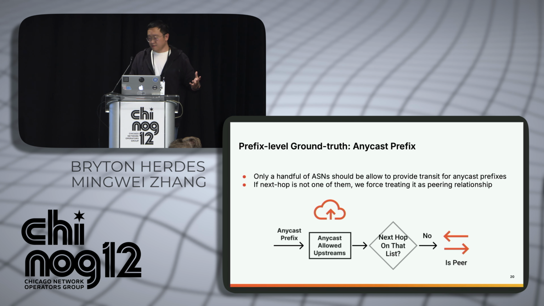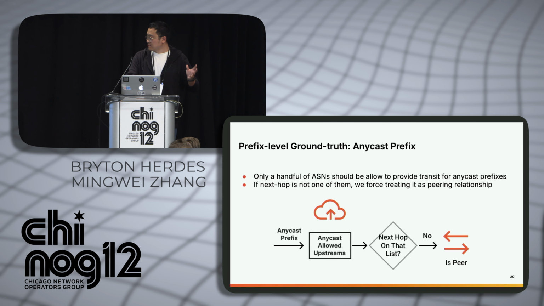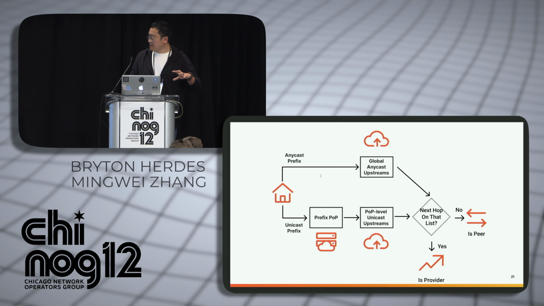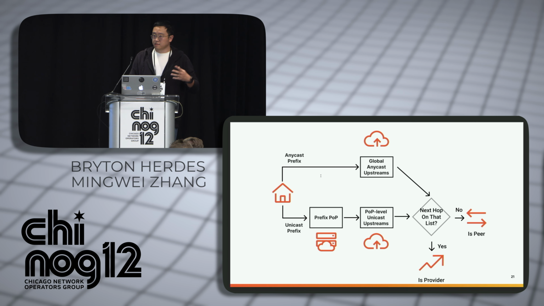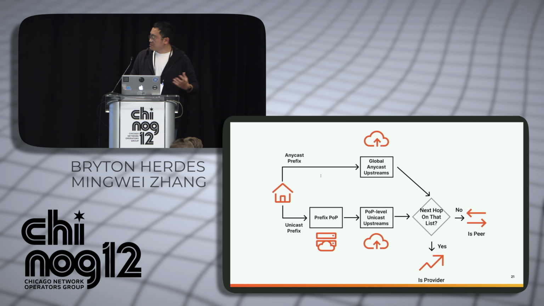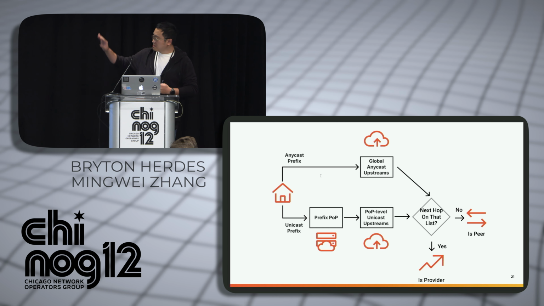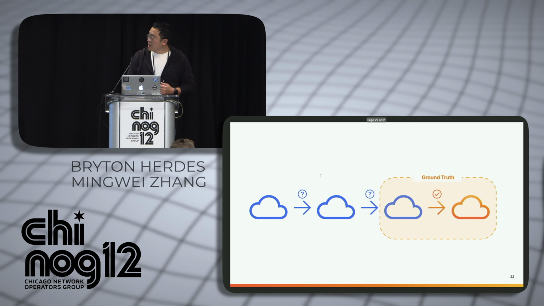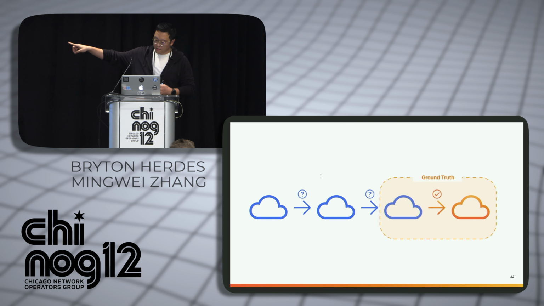So it's combining a short list of upstreams and checking whether they are on the list for the given prefix. Combining them together, at the beginning we check whether it's a unicast prefix, one of the ones that we announce. If it's unicast, we do the bottom line of checking, and if it's anycast, we do the top line. At the end of the checking, we determine whether the next hop is a peer or a provider. This gives us the ground truth of what the next hop of us is.